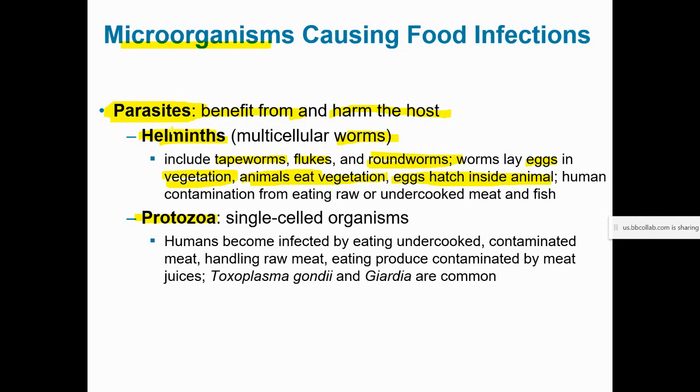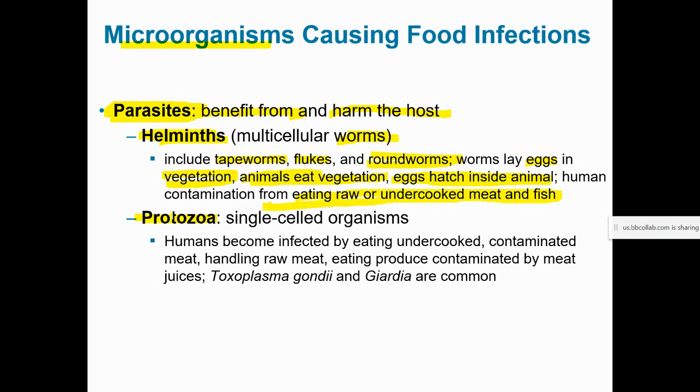That's how the helminths work: they want their eggs to get inside of a host animal, and then the eggs will hatch, and then the new worms can grow inside of that animal. So that's where we as humans become exposed to worms, oftentimes by eating raw and undercooked meat and fish that have been contaminated with these worms.